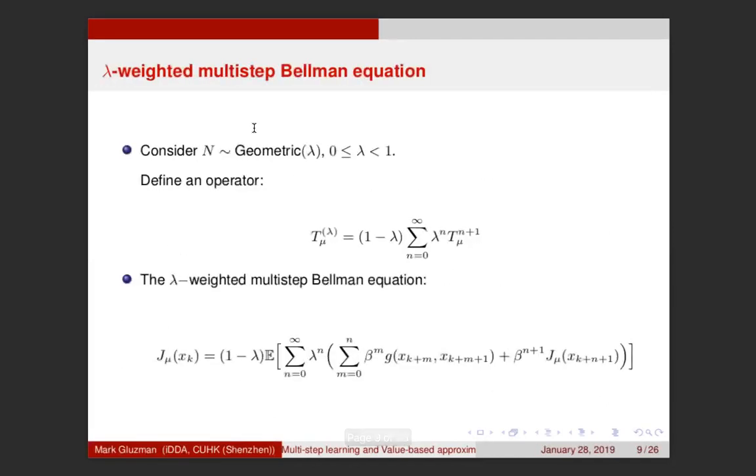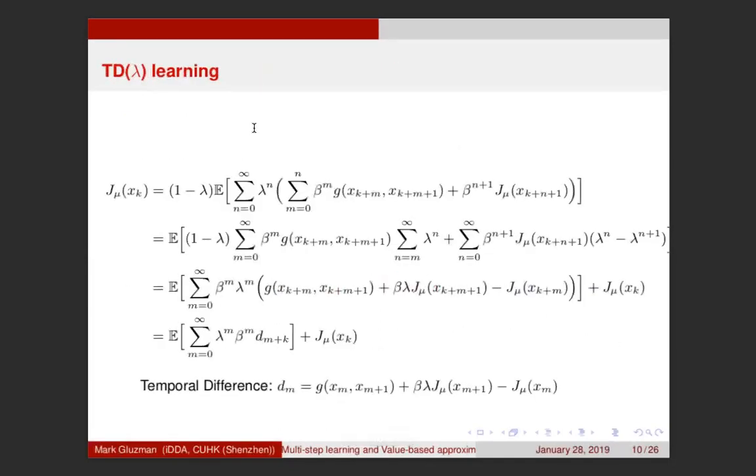So we consider the lambda-weighted multi-step Bellman equation, and after several very technical steps, like changing the sums and so on, we can write our Bellman equation as g mu x k is equal to the expectation of some sum plus g mu x k.